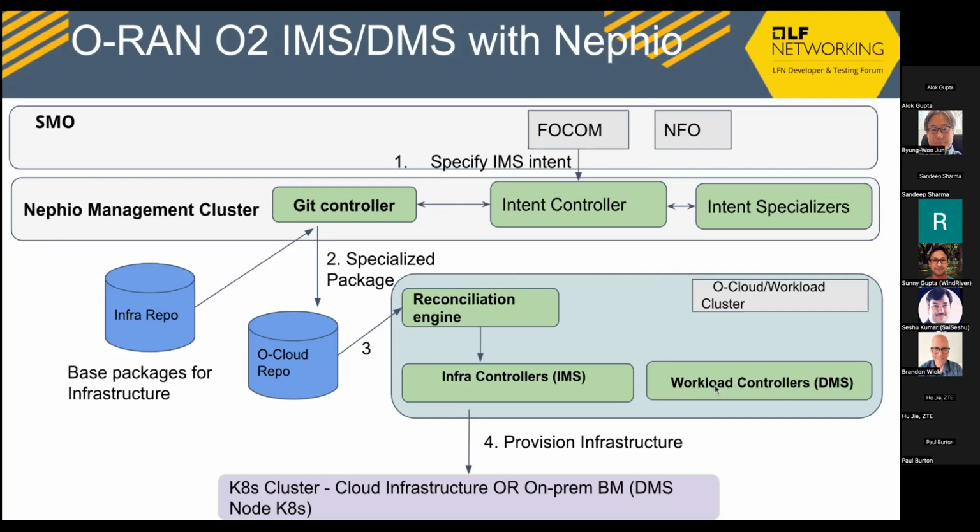It's an endpoint for my workload cluster, where my applications or network functions will get deployed. I see no difference between the workload controller (DMS) and the purple box below, the Kubernetes cluster on cloud infrastructure or on-prem bare metal. I see a bit of overlap between these two boxes. I do agree that it is all Kubernetes API.